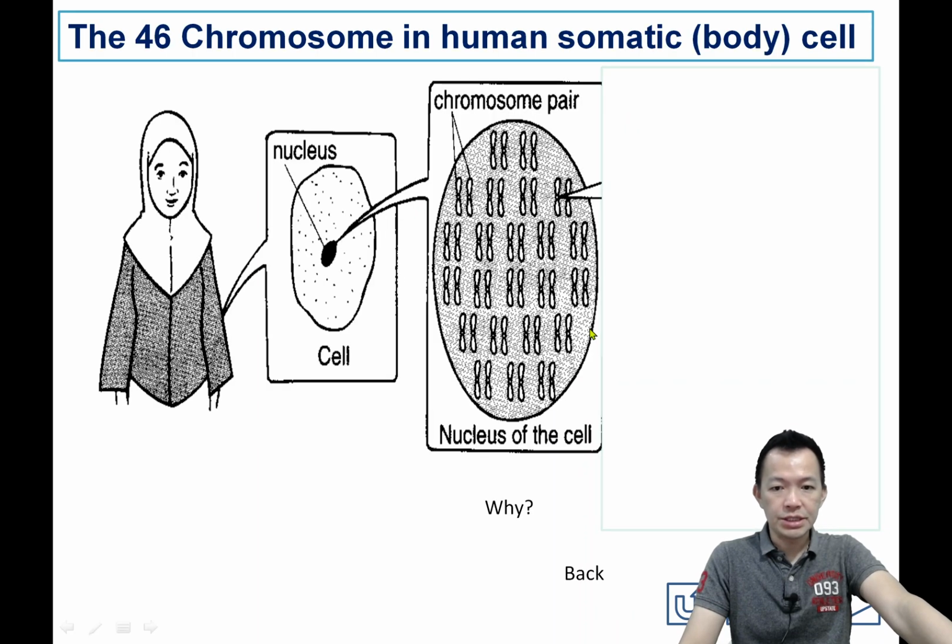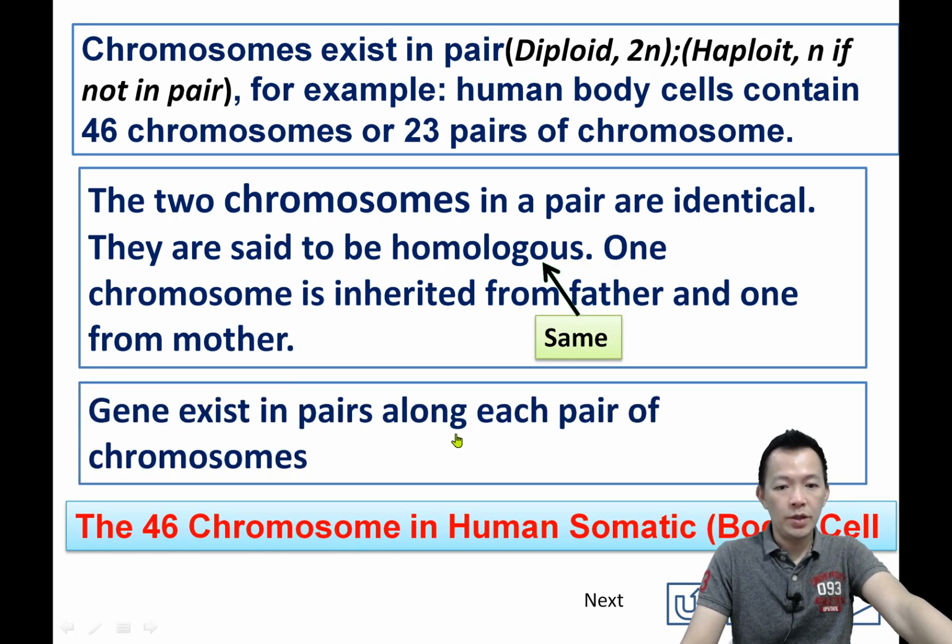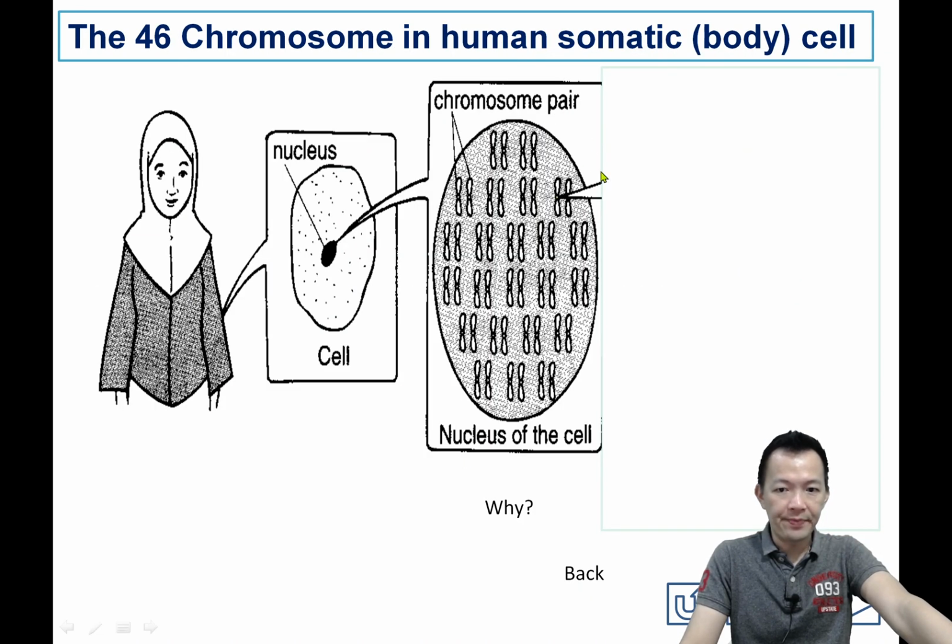And genes exist in pairs along the chromosome. This is what you copied just now, right? Now I magnify one pair of homologous chromosomes.